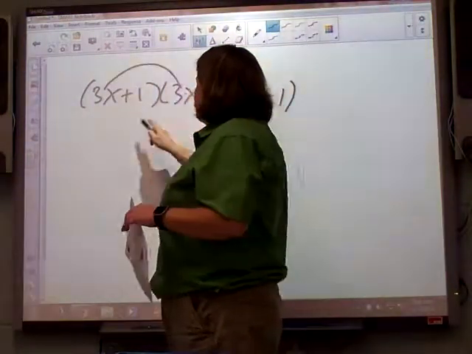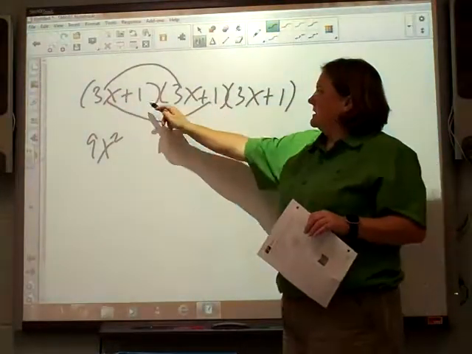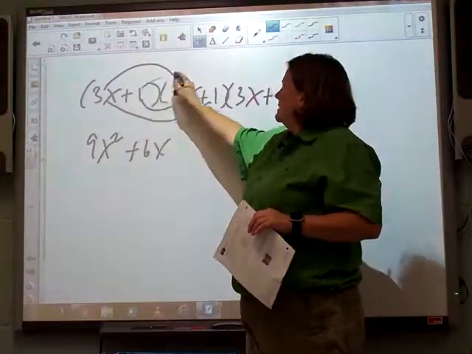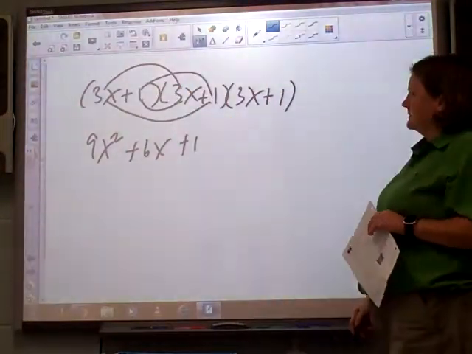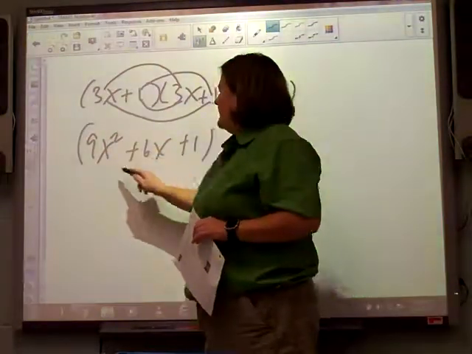So this will give me 9x squared. This is a positive 3x, and this is a positive 3x, so that makes a positive 6x. And then there's 1. But now I got another 3x plus 1 I need to multiply that by.